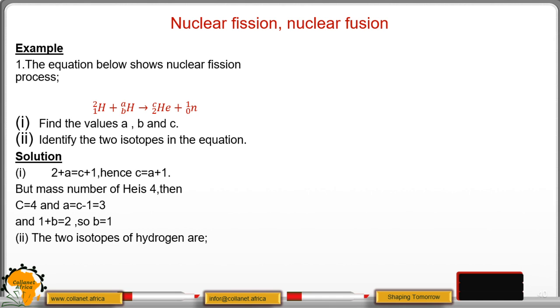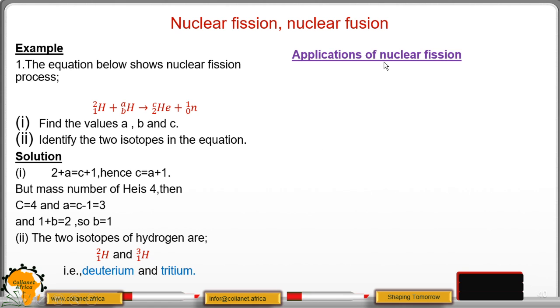Then we are supposed to identify the 2 isotopes. And the 2 isotopes of hydrogen will be hydrogen 2,1, and hydrogen 3,1. The first one we call deuterium, and the second one we call tritium. So these are the 2 isotopes of hydrogen.